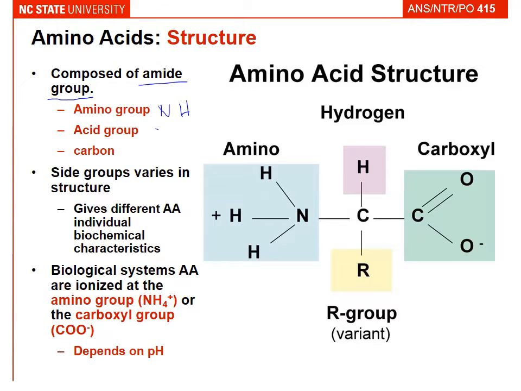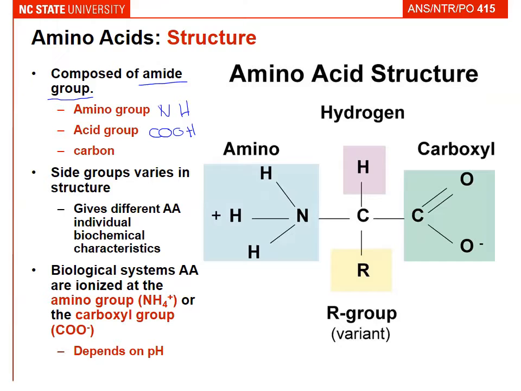Then we have our acid group, our COOH, and then our central carbon. And you can see they all have a hydrogen conjugated to the central carbon, and we have this R group. This R group is what's giving the individual biochemical characteristics. So if we say an amino acid is neutral, it's because the R group is neutral.